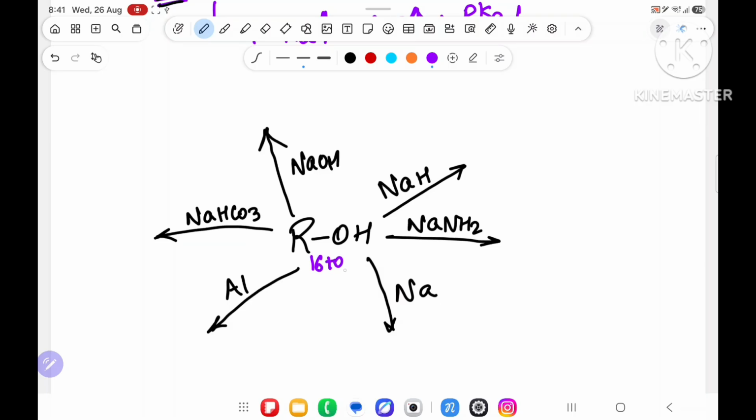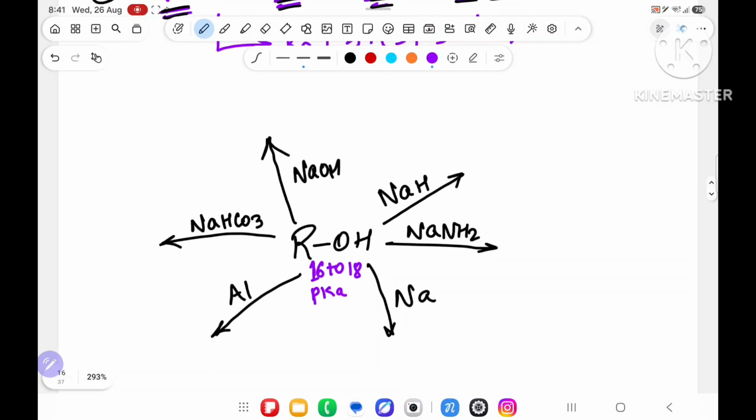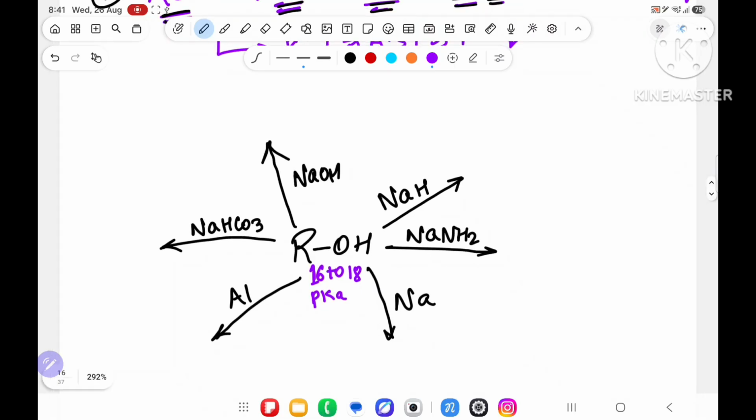The pKa value for simple alkyl alcohol is 16 to 18.